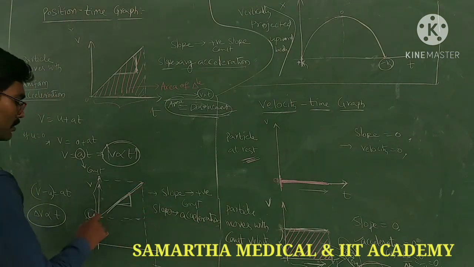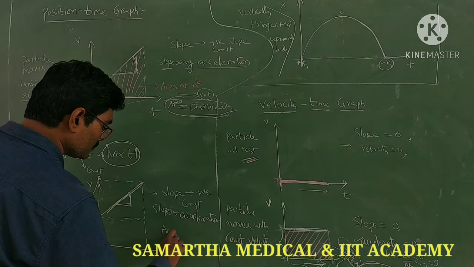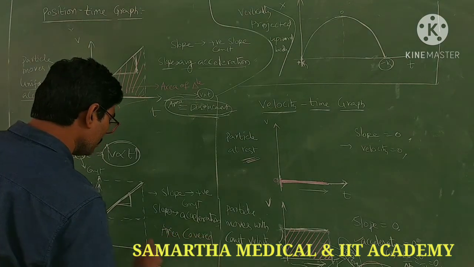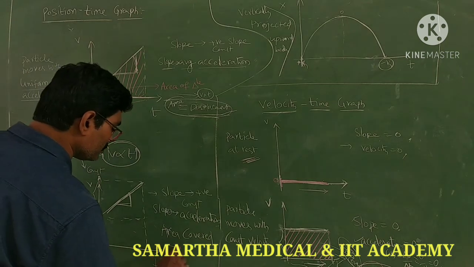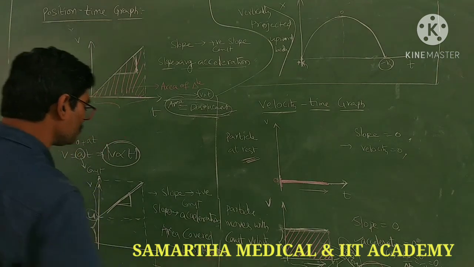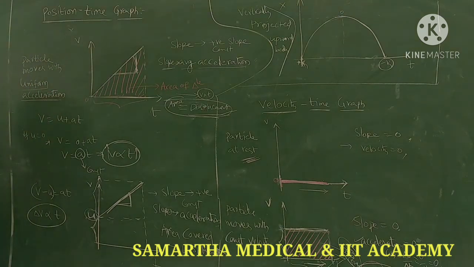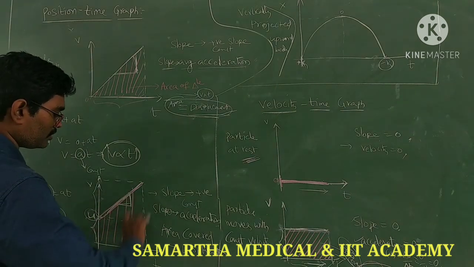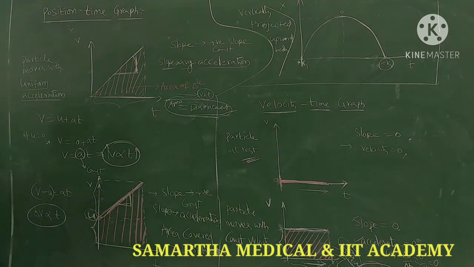Next, after the slope, you can consider the area also. The area covered under the velocity time graph gives you displacement. How will you calculate the area covered here? This area is fully covered under the curve.